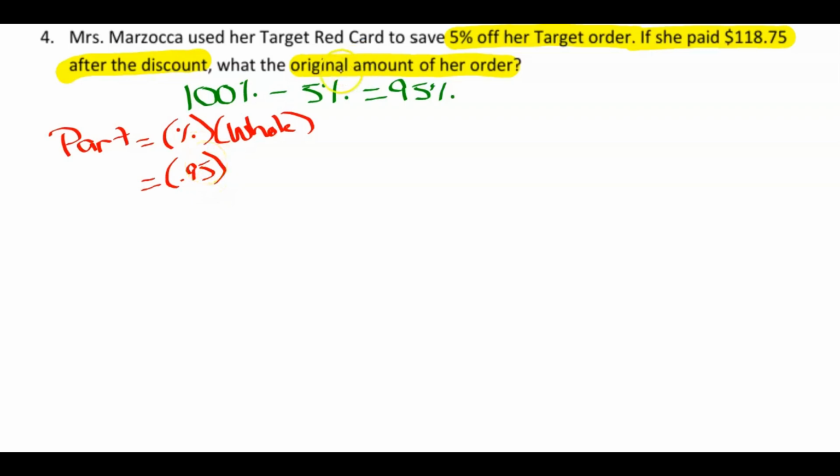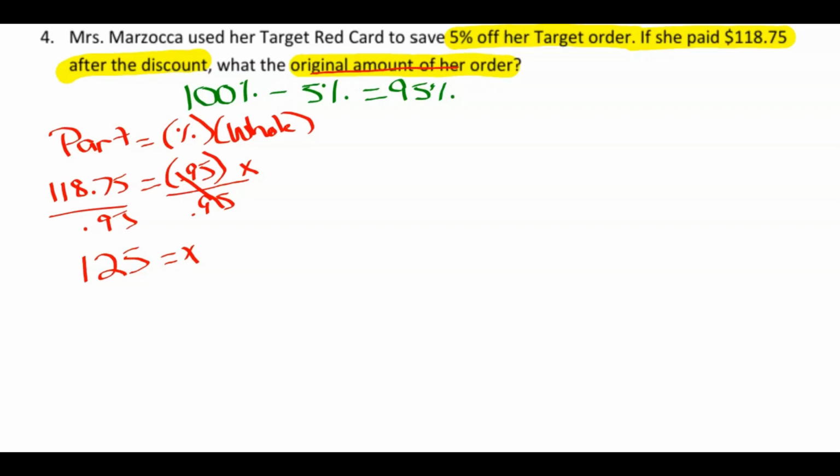We're trying to figure out the original amount of the order, so we don't know what X is. But we have the part which is representative of 118.75. So we need to go ahead and figure out what X is. So I divide the left side by 0.95, I divide the right side by 0.95, and I find out that X is going to be equivalent to $125. So the original price of her order was $125.